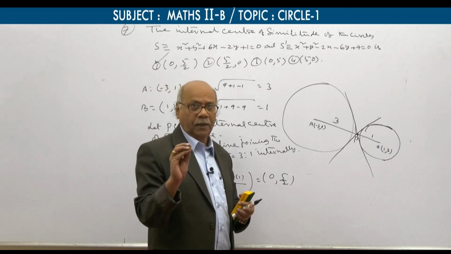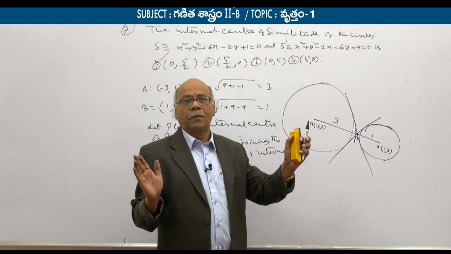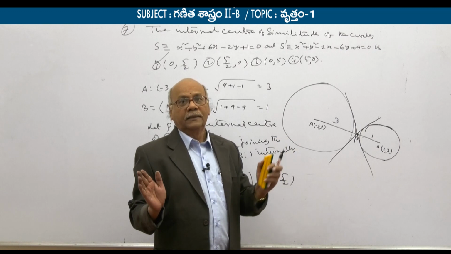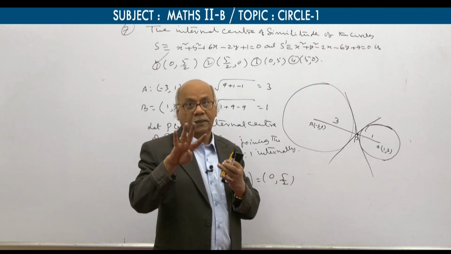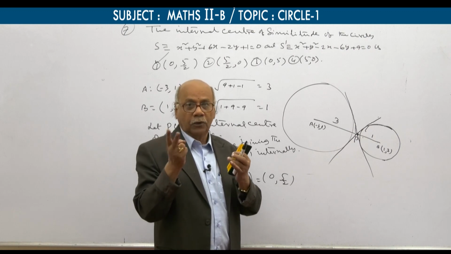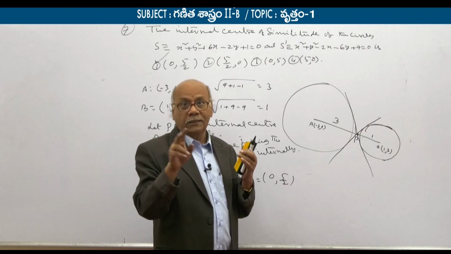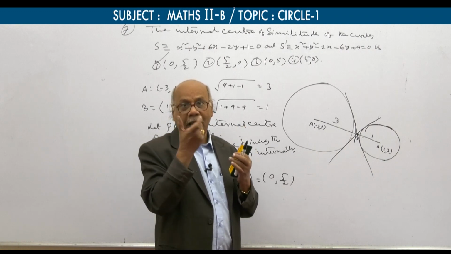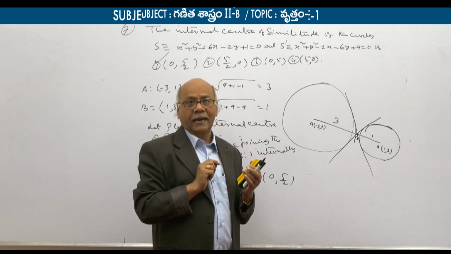And here, see, I am telling you, if two circles do not have a common point of intersection, then those two circles will have 4 common tangents. 2 are direct and 2 are transverse. The transverse common tangents divide the line joining the centers internally in the ratio of their radii.